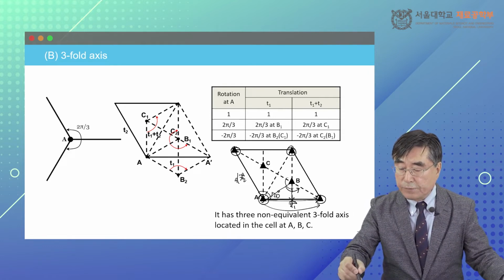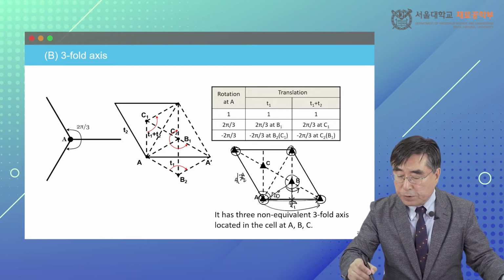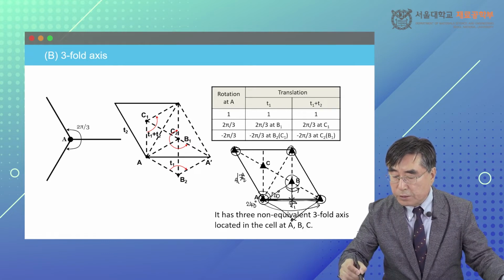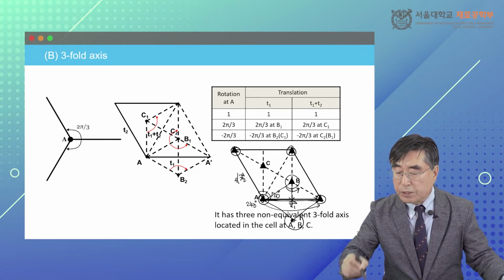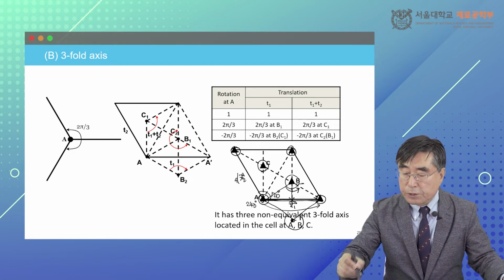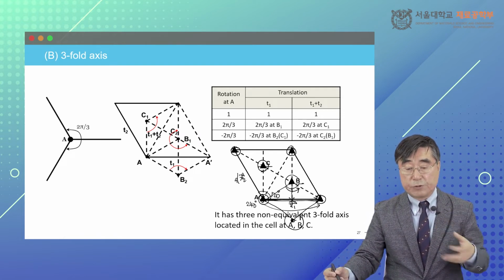So there is threefold symmetry at this point. And again, if you put 240 degree rotation and translation, meaning that there is 240 degree rotation at this point, which is the same as this point. So all this B position and C position has extra threefold symmetry elements.